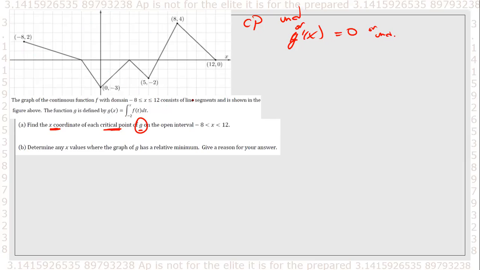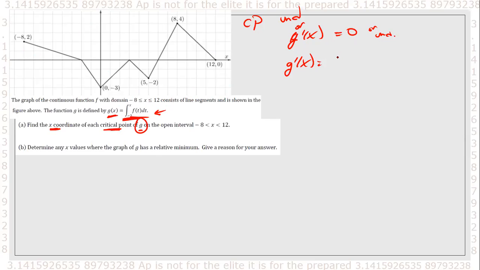If I look at g prime, g prime of x is going to be the derivative of this integral.